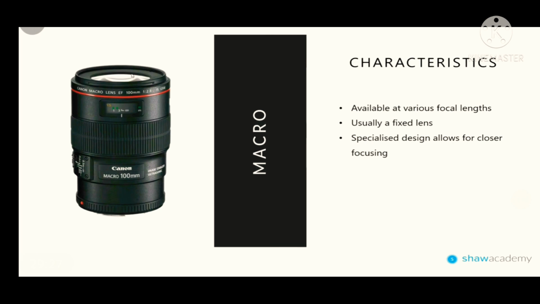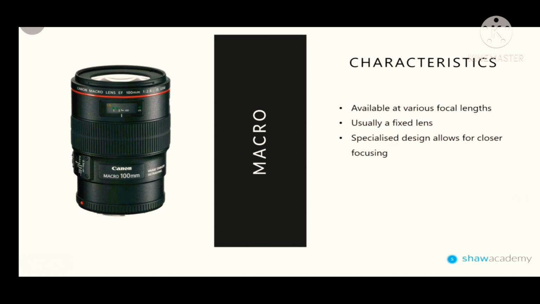Basically, how a macro lens differs from our regular lenses is that their minimal focusing distance is much closer than a standard lens. If you try to focus on an object very, very close with your normal lens, you're going to find that it's not going to be able to focus.